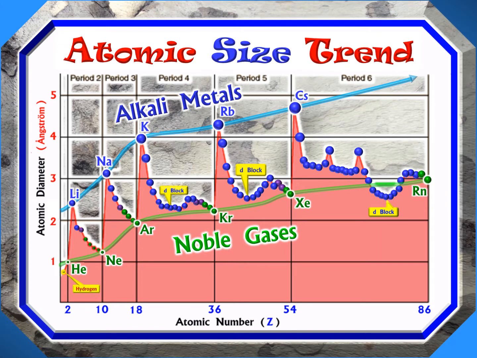We talked about the atomic size trend. This is probably the trickiest trend to understand, and yet the most important trend for understanding what elements are like. Basically, elements on the left are bigger than elements on the right. That's the important part, because elements on the right have more protons in their nucleus. They draw the electrons in closer.